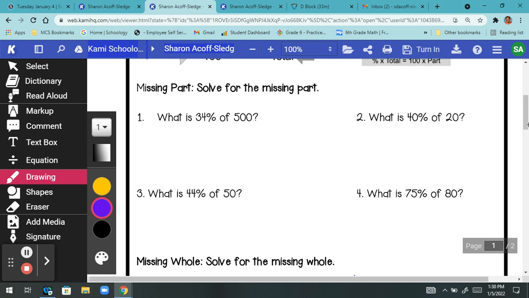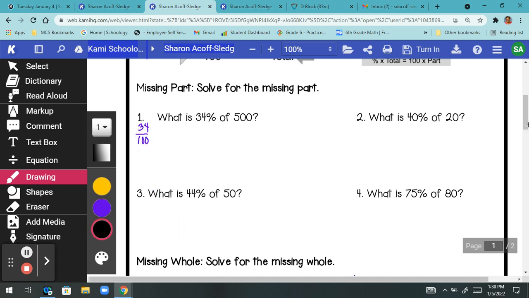Okay, so the first one, what is 34% of 500? So the first thing we have to do is what? Convert 34% to a fraction. And to convert it, we have to put 34 over 100.